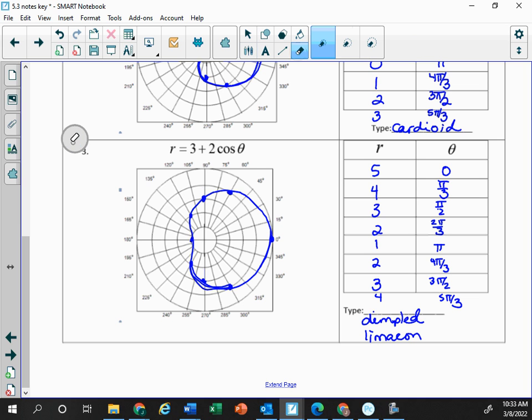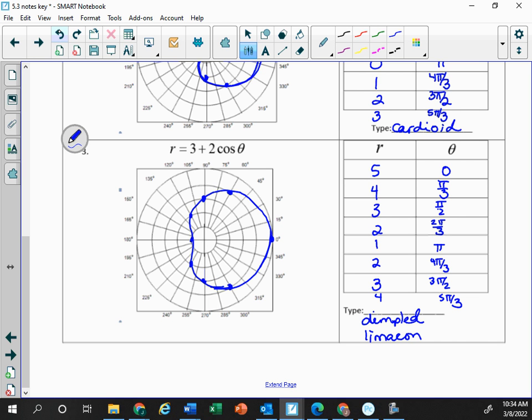Let's see if I can fix that. Do you guys see how there's just a little dip on the one side?